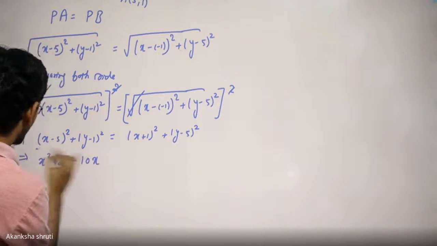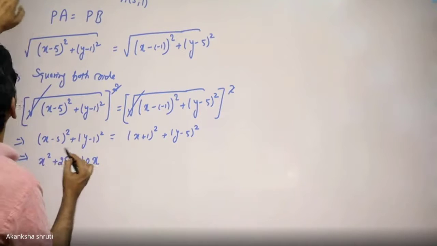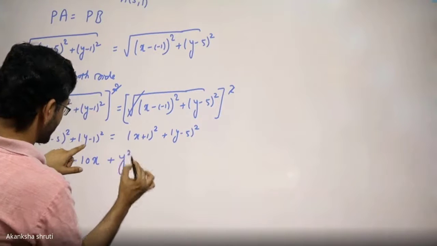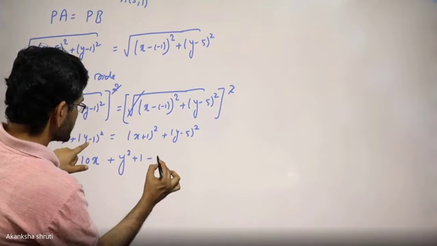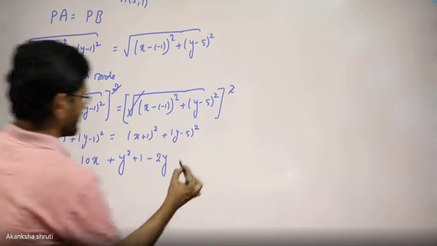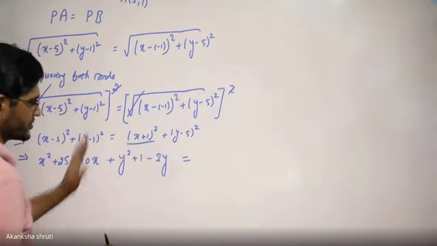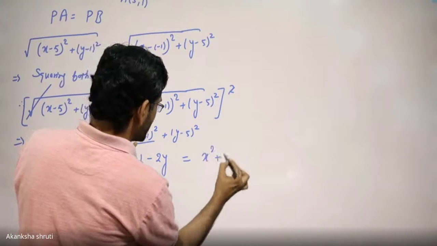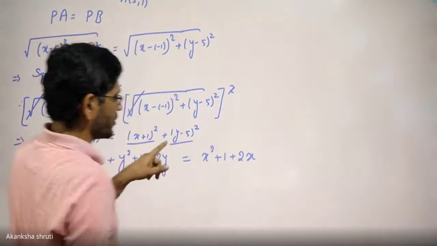This was for this first whole square I have broken. Similarly, we have to break the second bracket: it becomes y squared plus 1 squared which is 1, minus 2y into 1, which is 2y. Now again we have to break the third, which is on the right hand side of the equal sign. It becomes x squared plus 1 plus 2x. Break this one also.